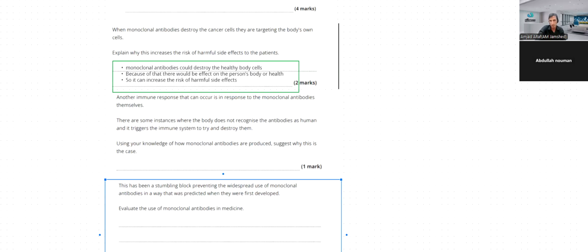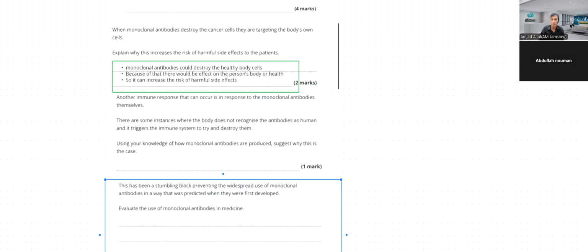It may trigger immune reactions because the body may recognize them as foreign. Sometimes the immune system wrongly recognizes the body's own cells as foreign particles. So that's actually triggering the immune response.